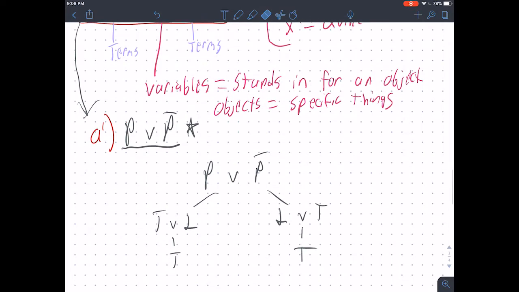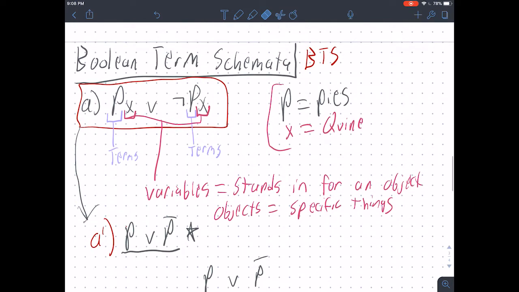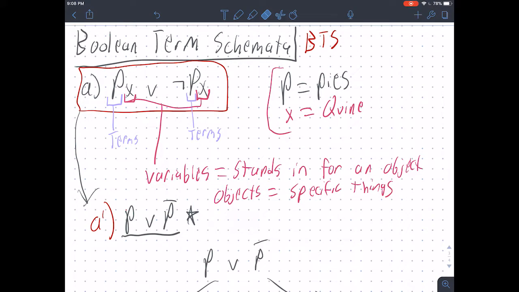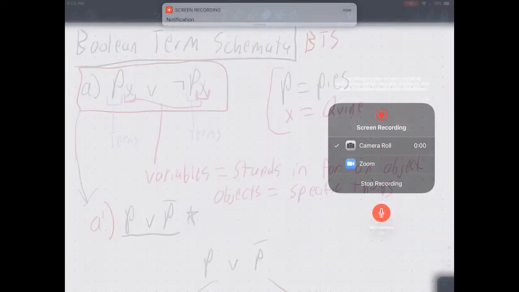Remember, this says that X is a pie or X is not a pie. And it's true of pies that they're pies or not pies. It's true of you that you're a pie or you're not a pie. You're not a pie. If you destroyed everything in the universe except, I don't know, 3 pancakes, it would be true of them that they're pies or not pies, because they're not pies. Okay? So Boolean term schemata, pretty straightforward.